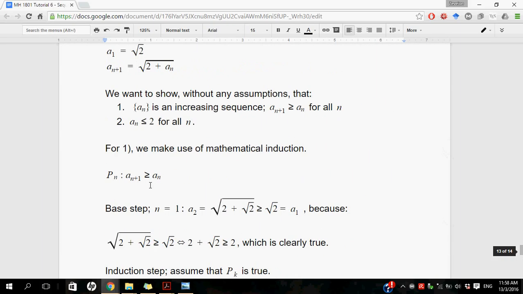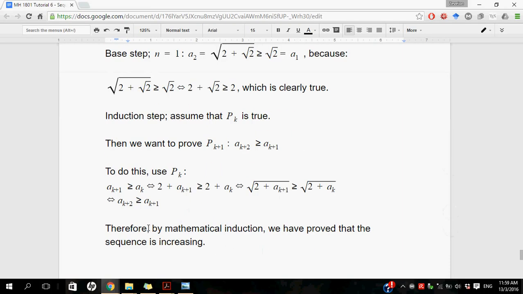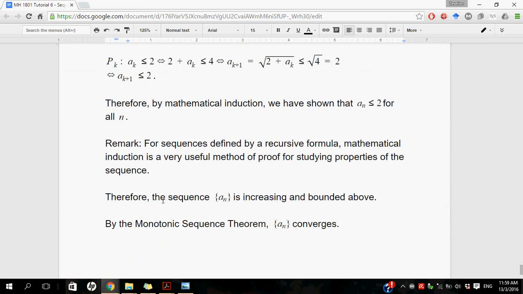So from the two parts that we have shown, the first is that the sequence An is increasing, and the next is that it is bounded from above by a certain value 2. Therefore, we can apply a result to show that the sequence is convergent, and that's the monotonic sequence theorem.